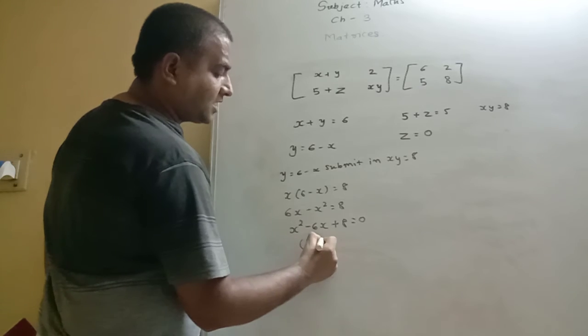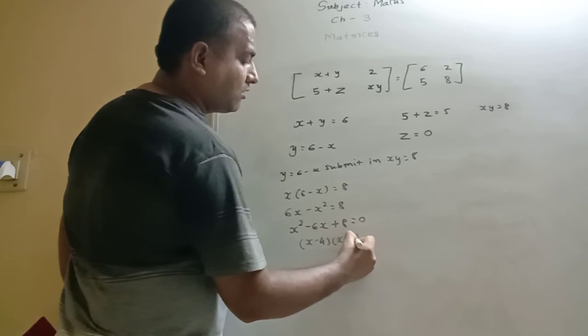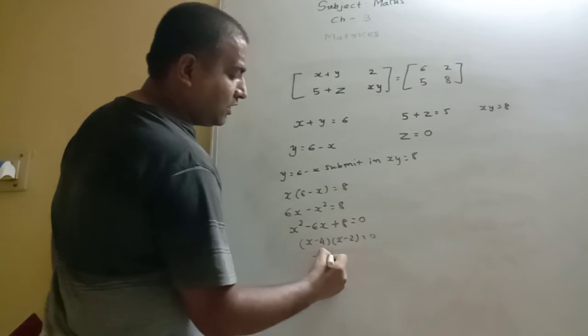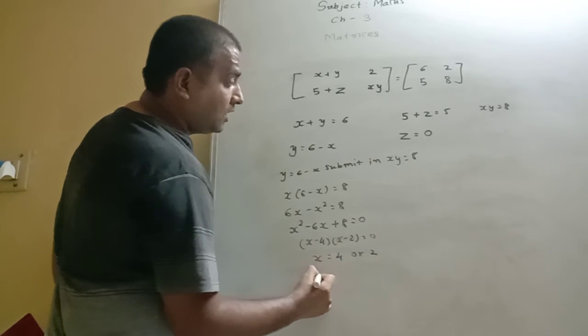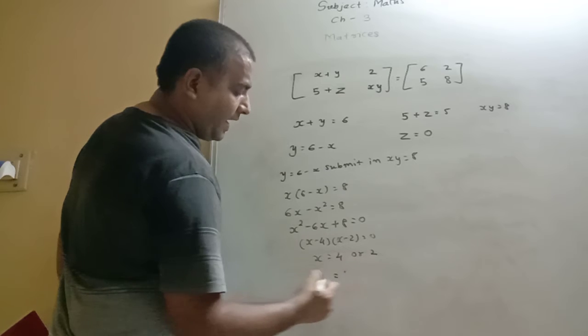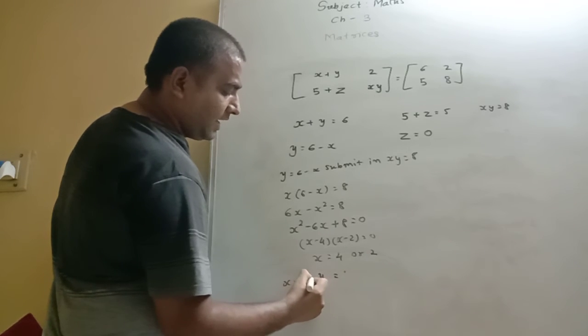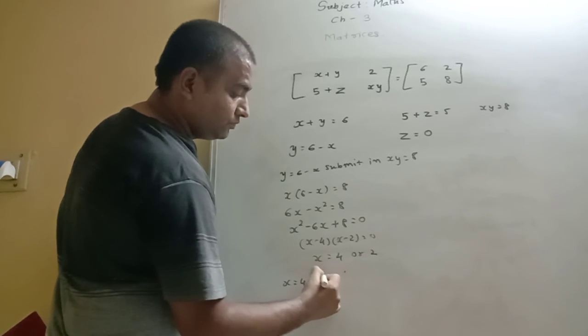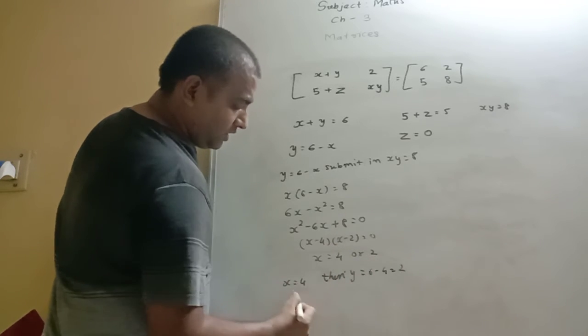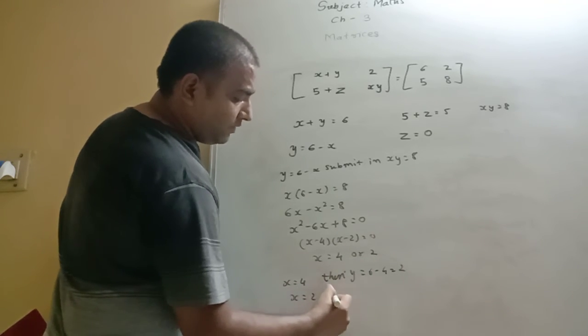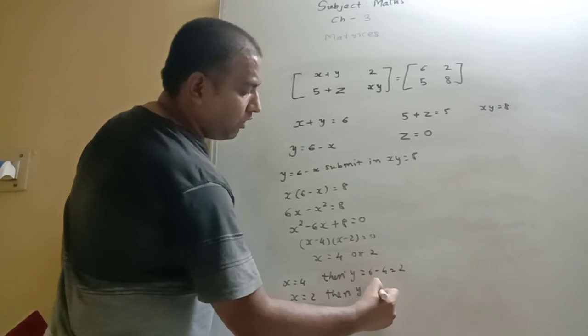So factors are x minus 4, x minus 2 equals to 0. So x value is 4 or 2. Then y also. If x is 4, then y equals to 6 minus 4, 2, and if x is 2, then y equals to 4.